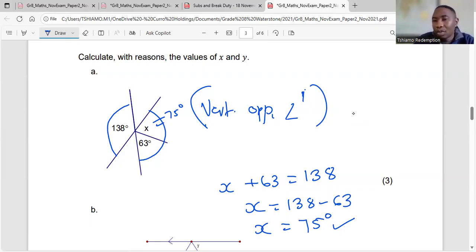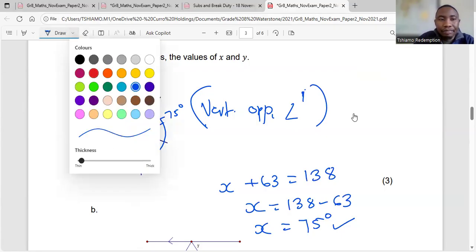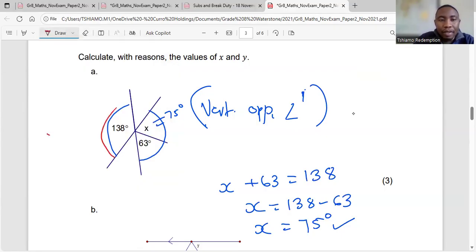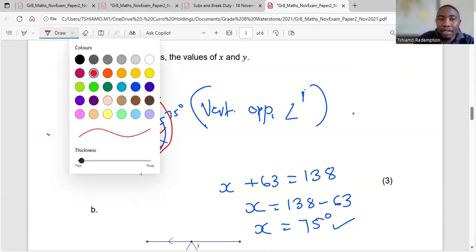There's another way of doing it. You can use angles on a straight line. It will still work. You find the missing angle on the straight line, and then you make a straight line for that side. You add this angle and that angle, then equate them to how much? 180, and then solve it like that.